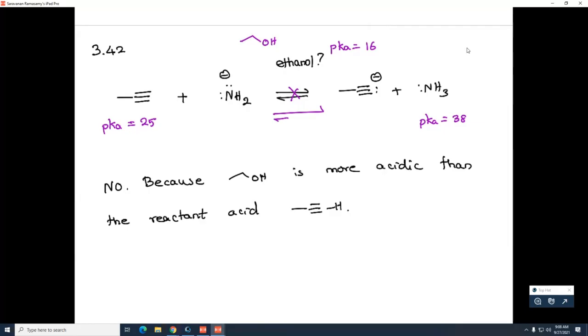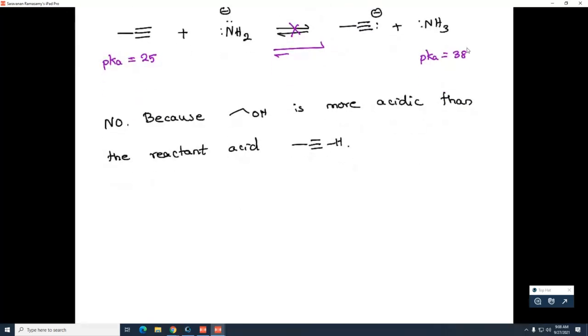The synonym for least reactive is weakest. Weakest acid or weakest neutral molecule. It could be a base. Okay, so I would go with this molecule or this molecule from your pKa table. That's a bond line structure. I don't think I need to draw the CH2s because that's understood.